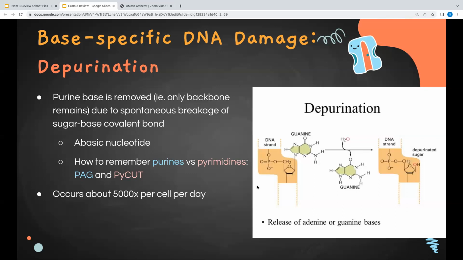Now we're going to have a nucleotide that doesn't have a nitrogenous base. This is not normal. You will never see DNA without a base. So this is strand specific. When the cell sees a depurination, that is strand specific. This occurs about 5,000 times a day.